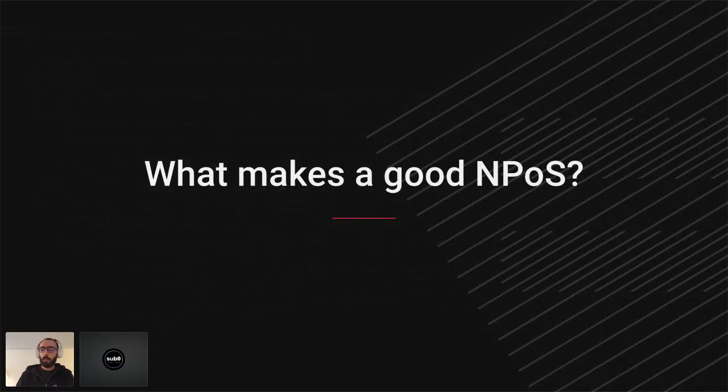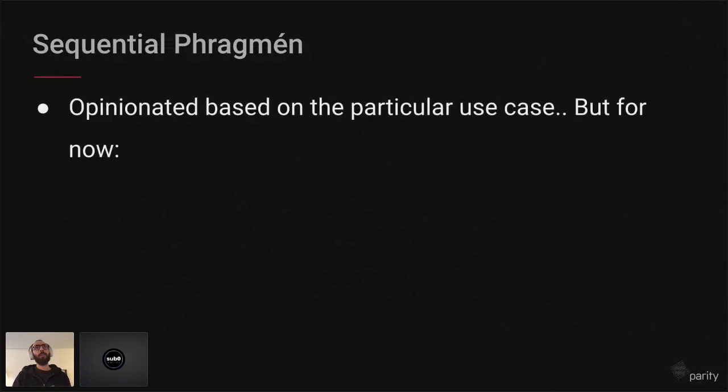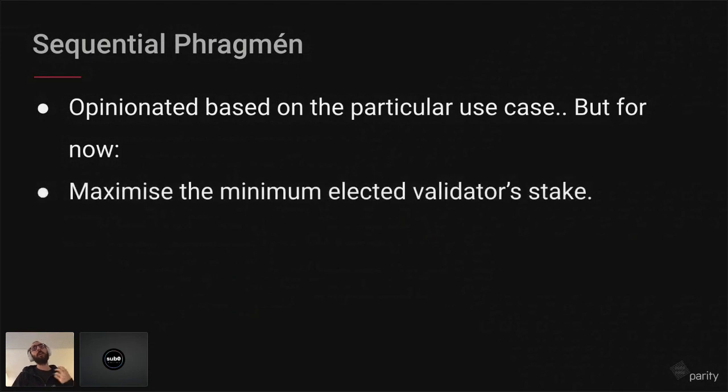So the question is, what makes a good NPOS solution? Well, this could depend on the use case, but we want to have a secure chain most of the time, and more specifically for Polkadot and Kusama. So we can talk in the context of a few parameters. Maximize the minimum elected validator stake. So among all the winners, there's going to be one validator who's the cheapest one, or the least backed one.